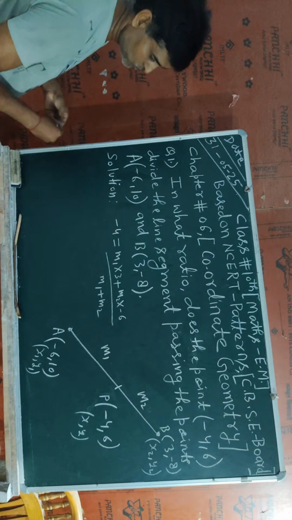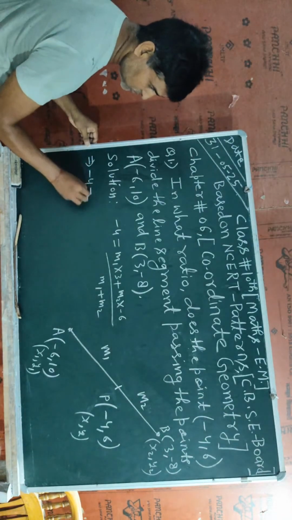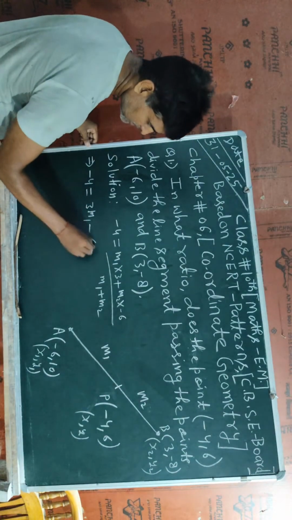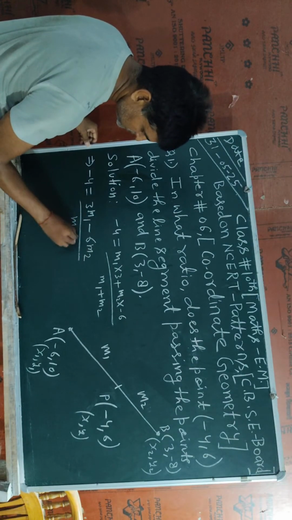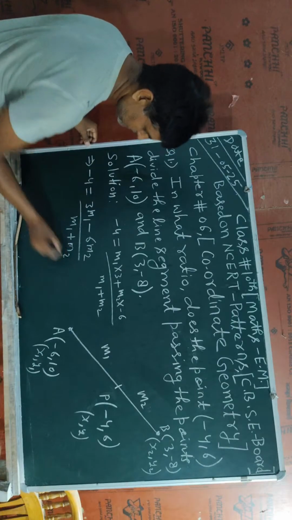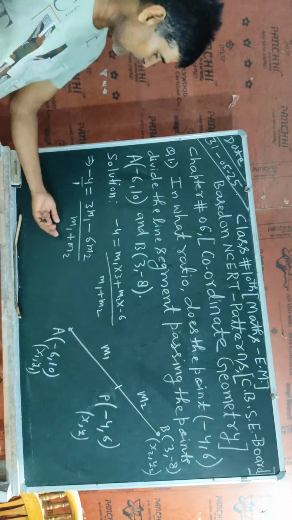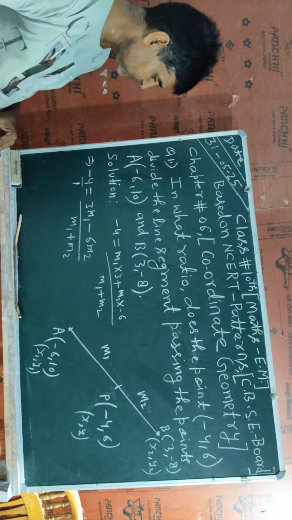Now further I am going to simplify. Here I will write implying that minus 4 is equal to 3m1 minus 6m2 divided by m1 plus m2. Okay, so now here I will put minus 4 divided by 1. Now here I will do cross multiplication. After doing cross multiplication, I will get its value.